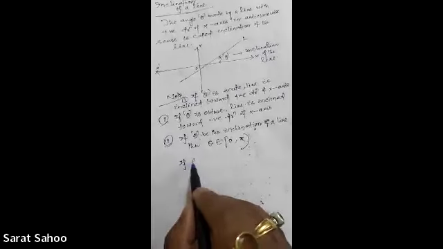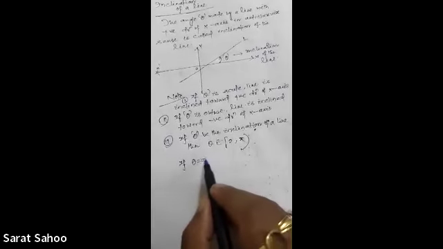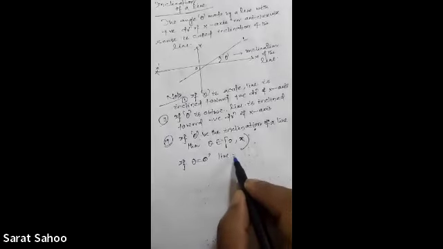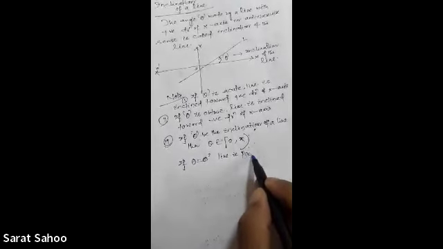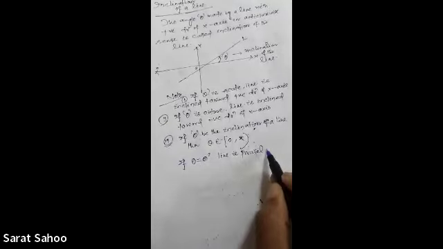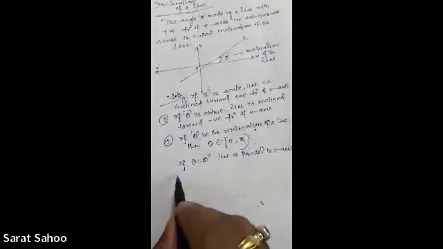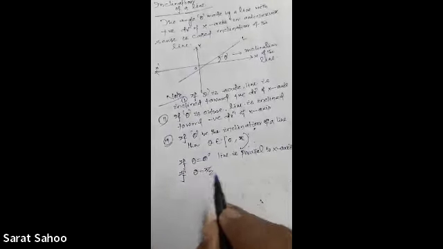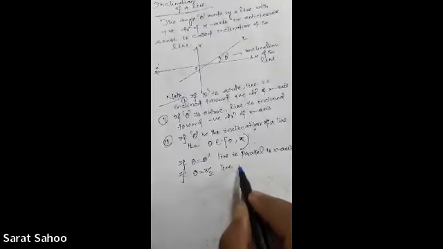If theta is equal to 0, the line is parallel to x-axis. If theta is equal to pi by 2, the line is perpendicular to x-axis.